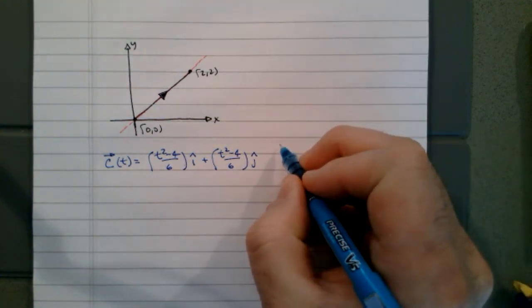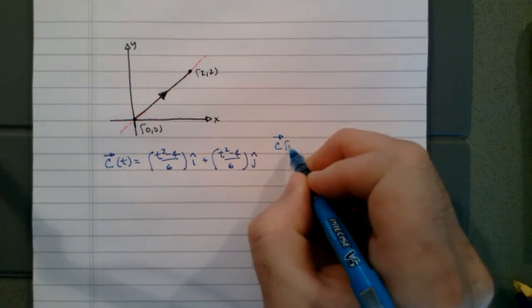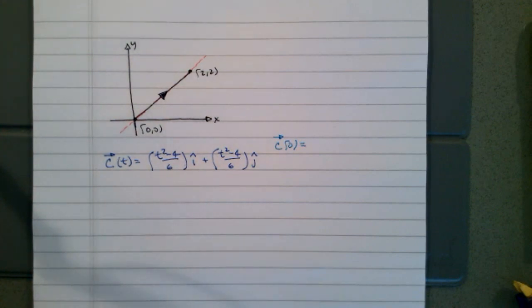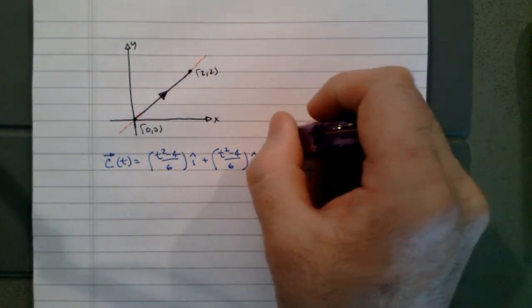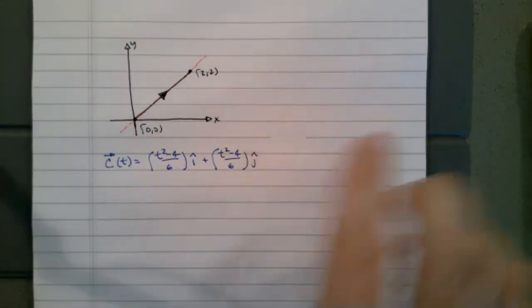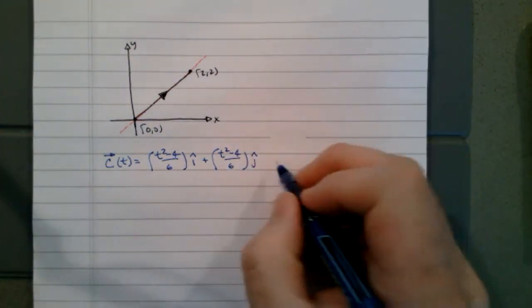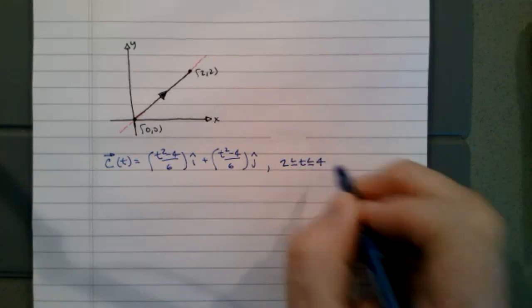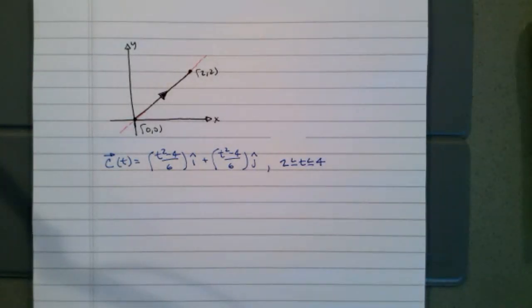So c of 0 is going to be, oh, we're not going from 0. Excuse me. So we're using this parameterization from 2 to 4. So in this case, t is running from 2 to 4. This is just an alternate parameterization.